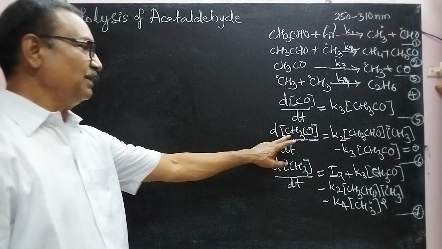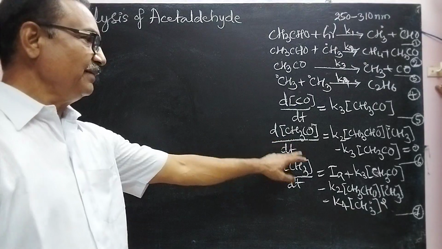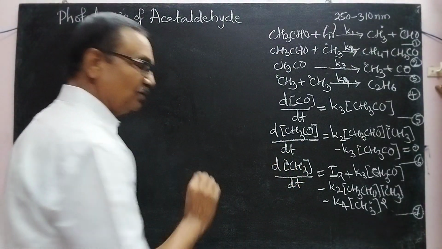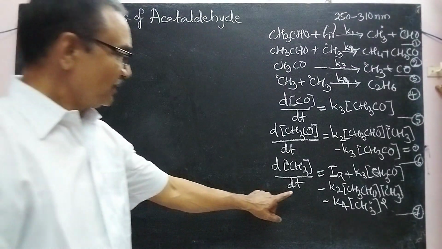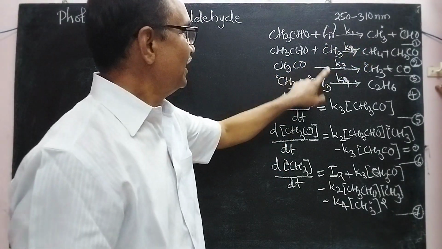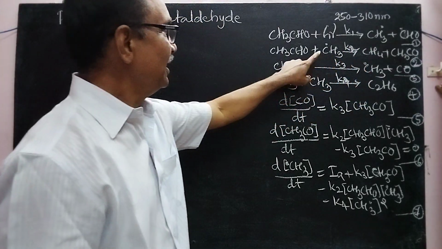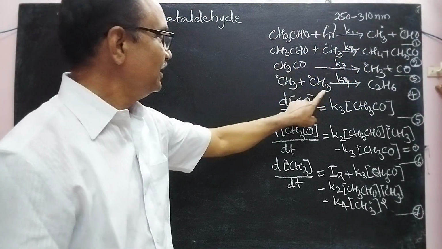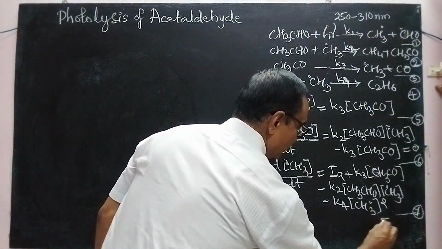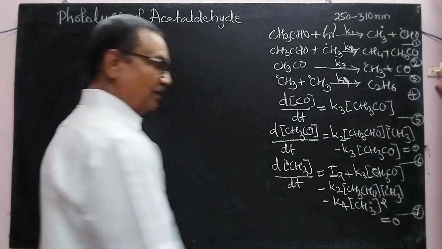The change in the formation of this is totally 0. Similarly, the formation of methyl acetate is also taken as equal to 0. Here it is formed by this reaction and this reaction, and it is absorbed by this reaction and this reaction also. Totally, this is also taken as equal to 0.